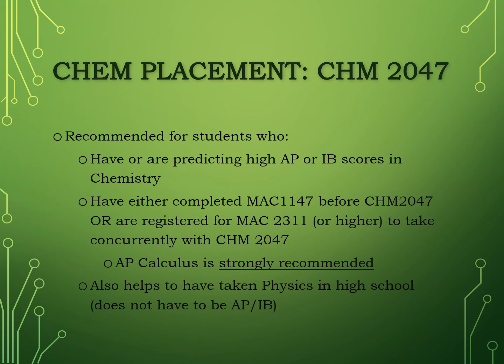So there are going to be some parameters the student has to fall within to be able to do this. AP Calculus is strongly recommended for students who take Chem 2047, and it also helps to have taken physics in high school too. It doesn't have to be AP or IB or anything, but just having a physics background can also be a little bit helpful when dealing with different components of the class.